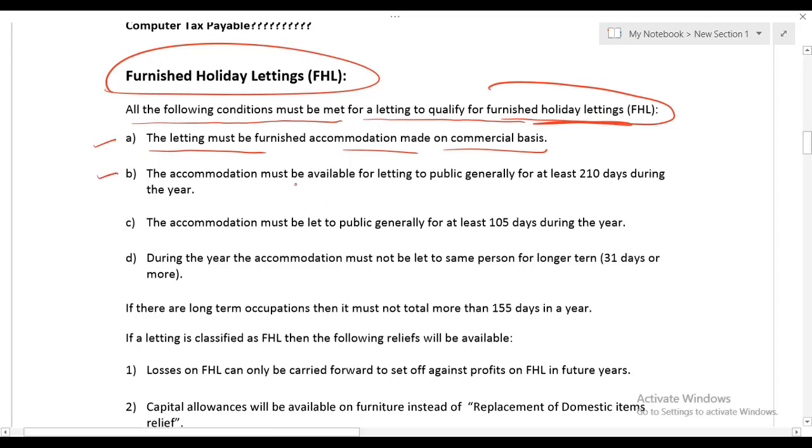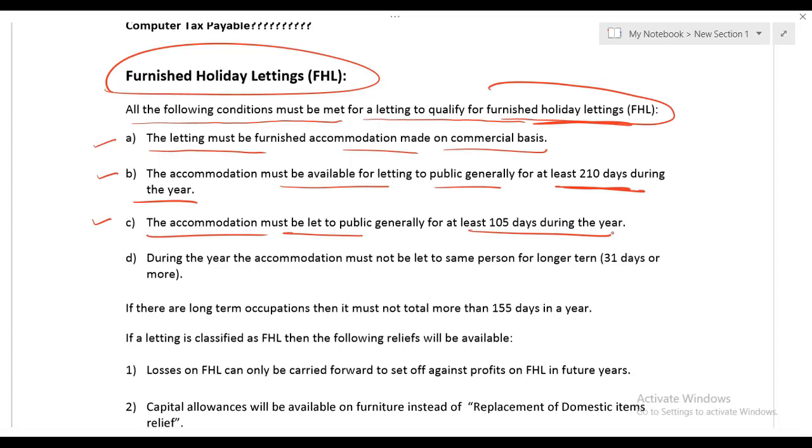B. The accommodation must be available for letting to the public generally for at least 210 days during the year. So the property should be available for letting as well, for at least 210 days. C. The accommodation must be let to the public generally for at least 105 days during the year.